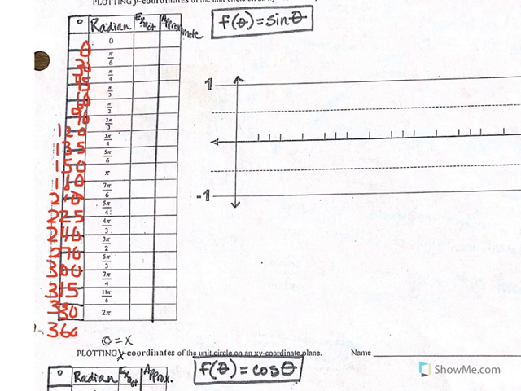Okay, now we are going to write the coordinate next to each angle in radian and degree mode. Sorry, each angle. So where it says exact at the top of your paper and approximate, okay?